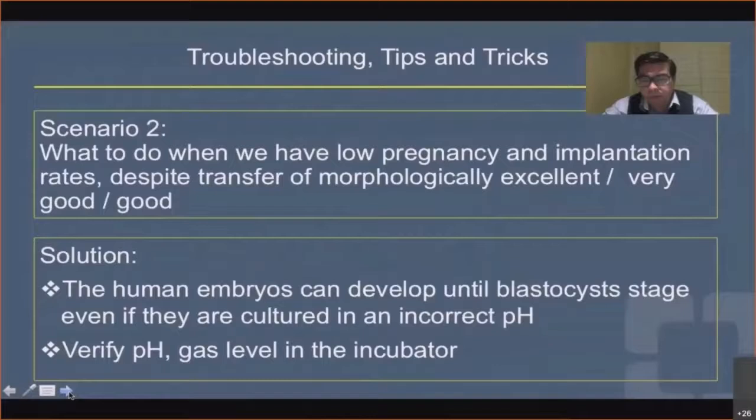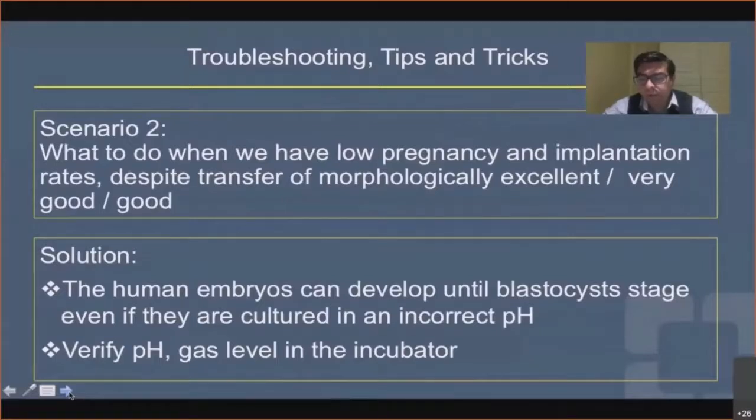For scenario 2, what to do when we have low pregnancy and implantation rates despite a transfer of morphologically excellent, very good, or both embryos. The solution is, we consider that human embryos can develop until the blastocyst stage, even if they are cultured in an adverse environment, including an incorrect pH.